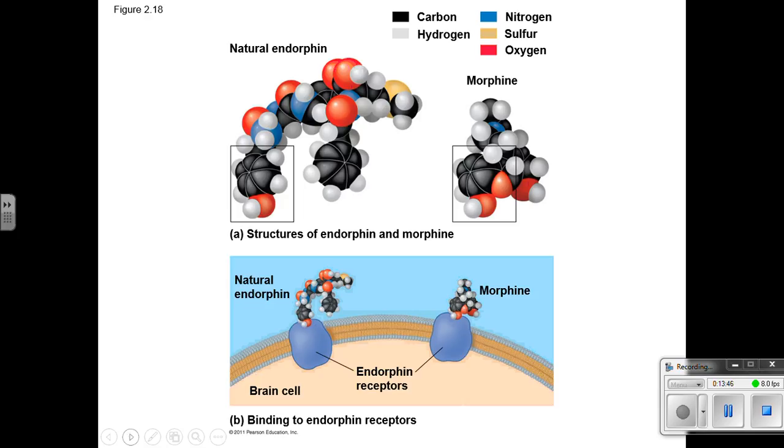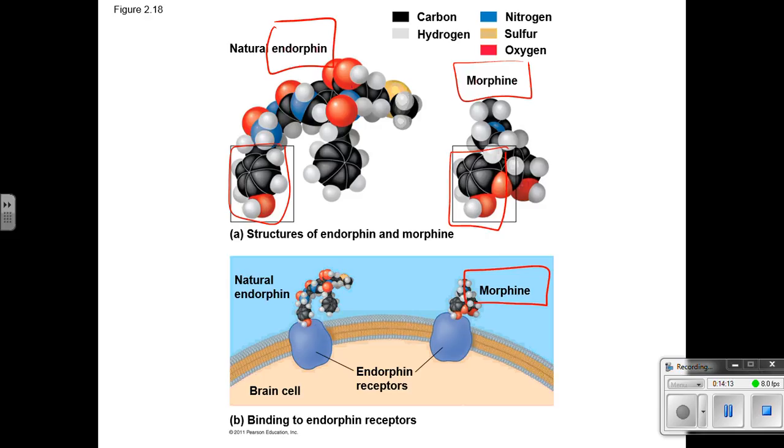So here's an example with a drug that could be legal, where you took it in the hospital because you were in a lot of pain, or it could be misused and be illegal, I guess you could say. It shows the two structures of natural endorphins and then morphine. You'll see that this part of the molecule is very similar.